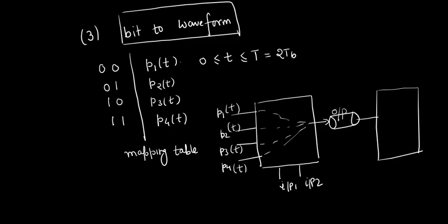Now, your aim is to find out which waveform was transmitted, P1(t), P2(t), and so on. Yes or no? Yes. For that I told you once that we will implement a matched filter. In the last class I told you, but we have not derived it.